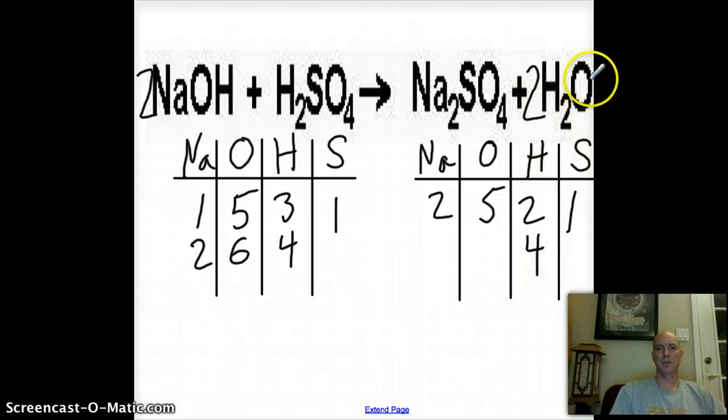And it gives me my 2 oxygens plus that 4 is 6. You see where I got those numbers? So backing up, there's 2 sodiums, there's 4 oxygens there, plus the 2 oxygens there. 1 times 2, so that's a total of 6, plus 4 hydrogens and 1 sulfur. And I got that feeling again, it's balanced.